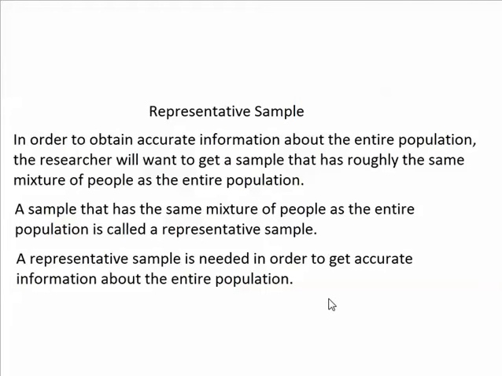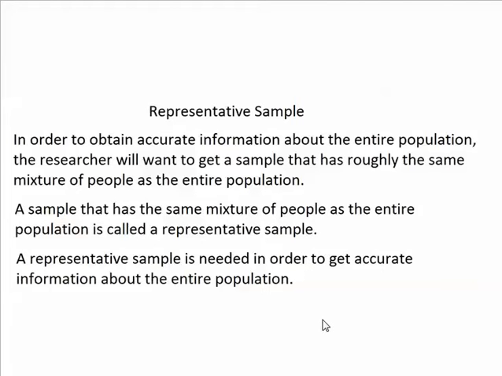If my sample is not representative, meaning if it includes too many Democrats or too many Republicans, I'm not going to reach an accurate conclusion. If my sample includes too many Democrats, my results will make it look like the Democrat is probably going to win when actually the Republican might be ahead.